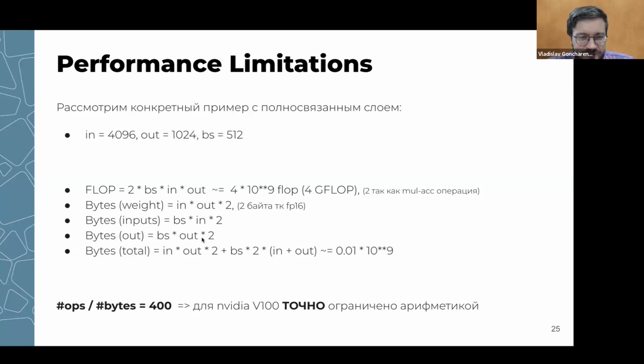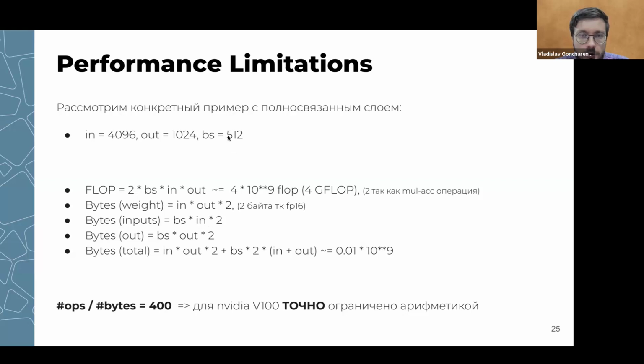Overall, we have only about 0.01 times 10 to the power 9, and the arithmetic intensity is around 400. So such a linear layer is bounded by computations. That's why we don't want to optimize it more.